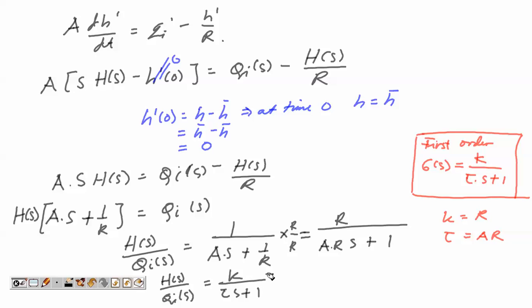Okay, now how do we find H(t), meaning the response of the level, if we introduce an input to the system? If we put in a block the transfer function K over (tau s plus 1), this is our output H(s), and this is our input.